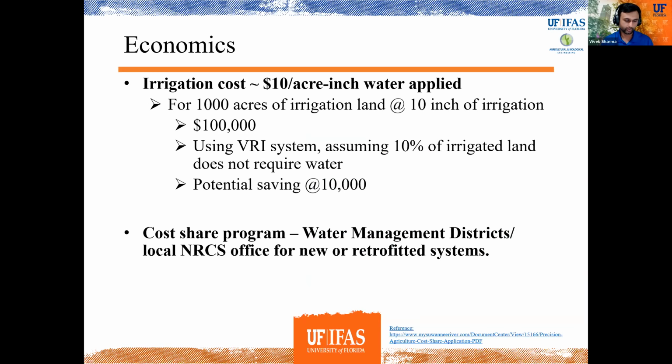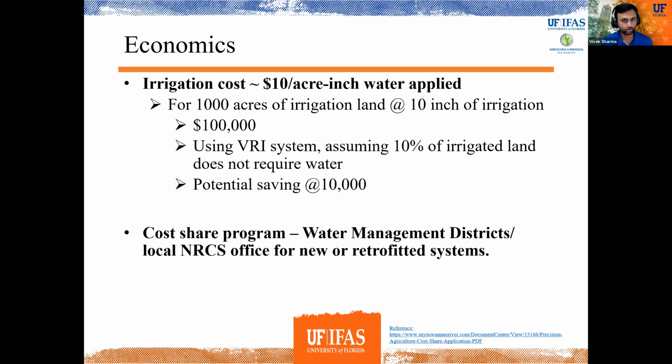Your average variable rate irrigation system, just the variable rate irrigation unit, costs from $2,500 and can go up to $40,000, depending upon your system, the amount of area you are covering, or whether you are going for a speed control compared to the zone control system.